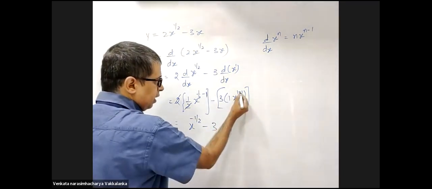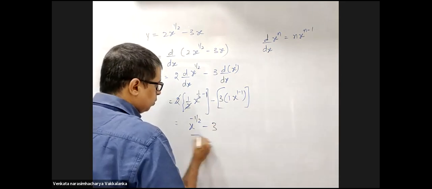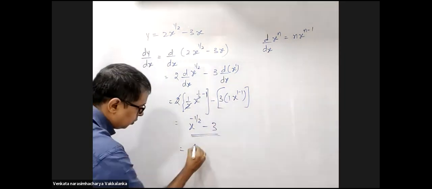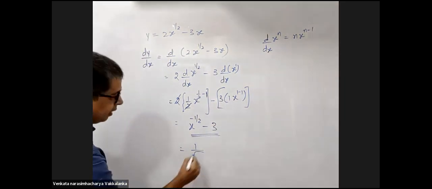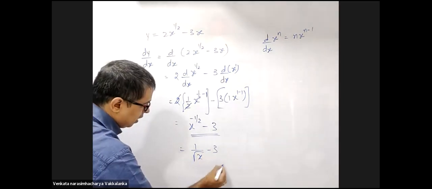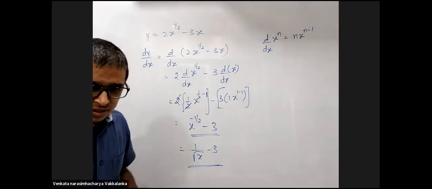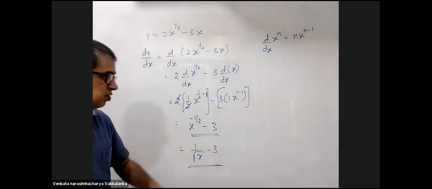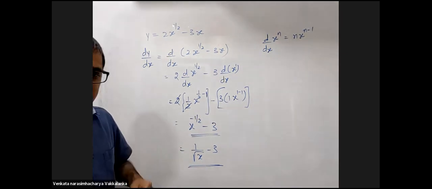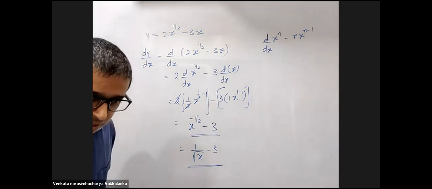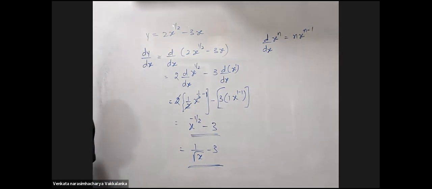Minus 3 x to the power 0 is 1. So this is 1 by root x minus 3. Understand every step of this and take it down till here. We'll practice a few more polynomials.